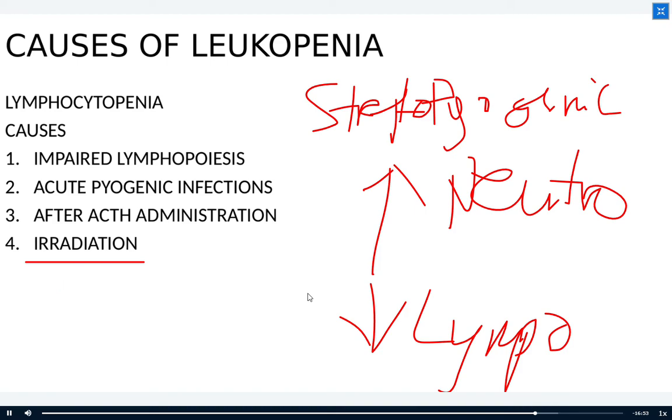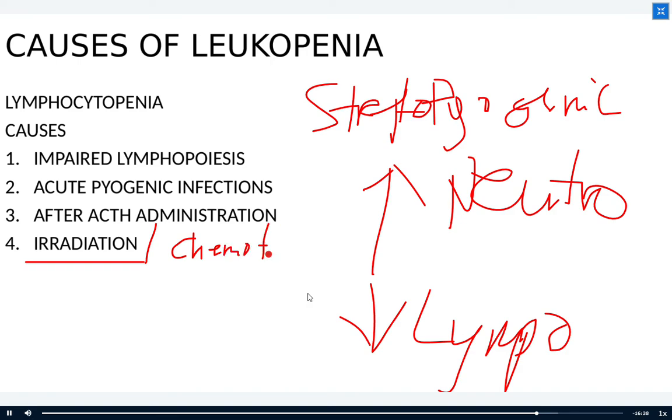Pulmonya. Not pulmonya. Irradiation. Another word for irradiation is your chemotherapy.